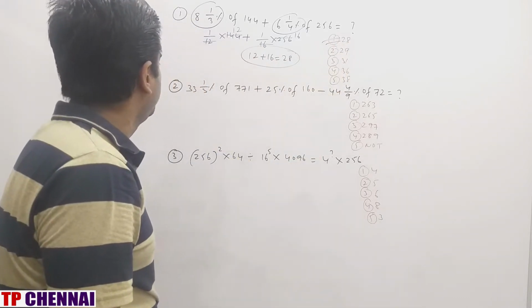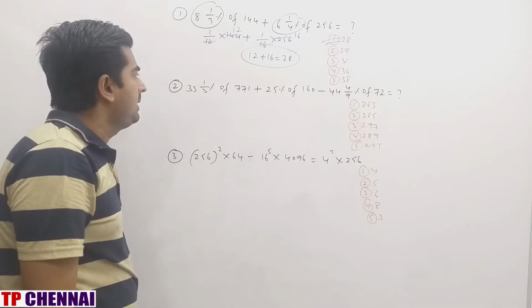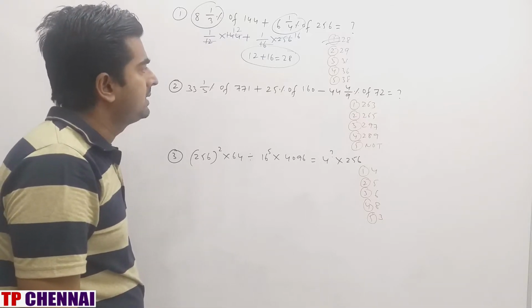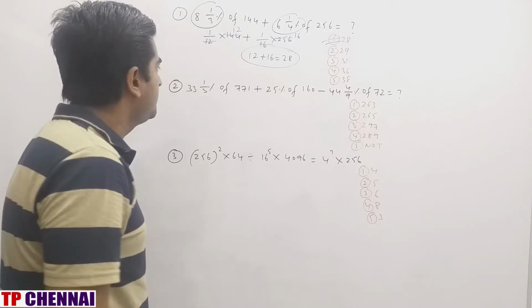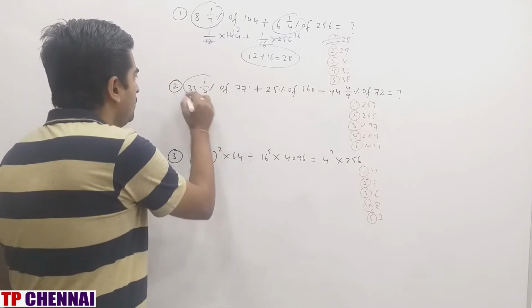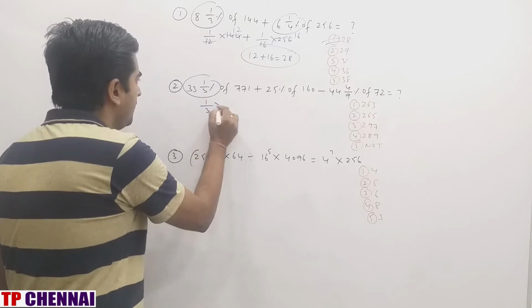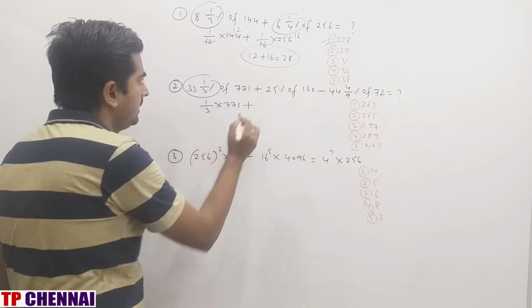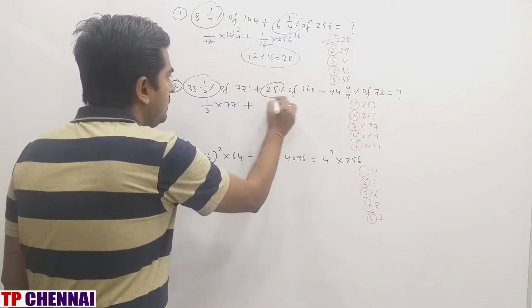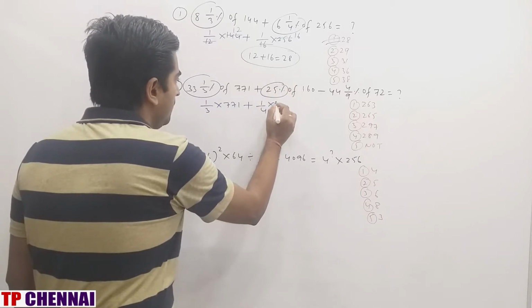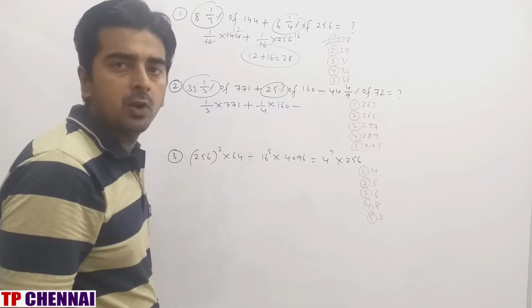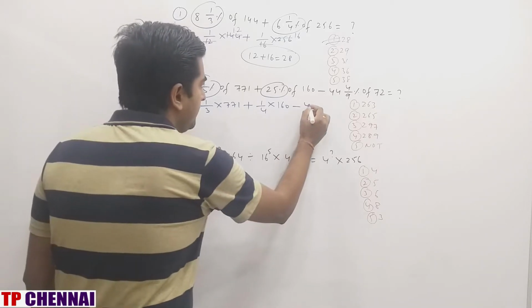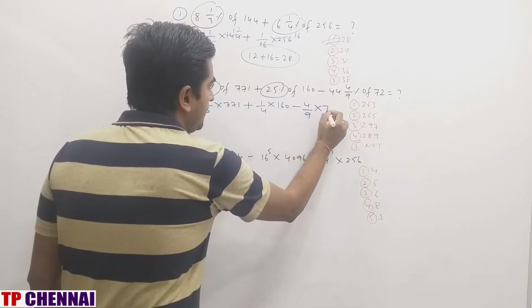Second one, 33 1 by 3% of 771 plus 25% of 160 minus 44 4 by 9% of 72. So 33 1 by 3%, what is the fraction value? 1 by 3 of 771 plus 25%, what is the fraction value? 1 by 4 of 160 minus 44 4 by 9% fraction value is 4 by 9 into 72.